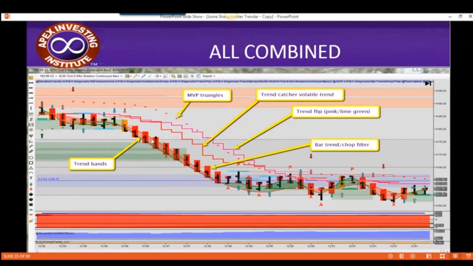Remember we talked about that, right? And what are these bands? See these shaded? Those are the trend bands that are either red or green, right? Remember our trend flip lines? Either red or green, okay? So all together, you kind of see the whole picture there, okay?